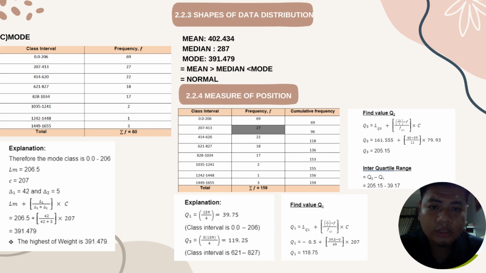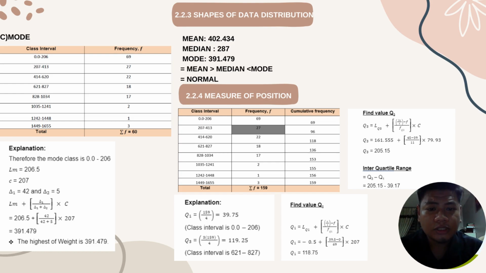So for the shape of data distribution, the mean is 402.434, the median 287, and the mode 391.479. So basically the mean, median and mode are approximately normal.